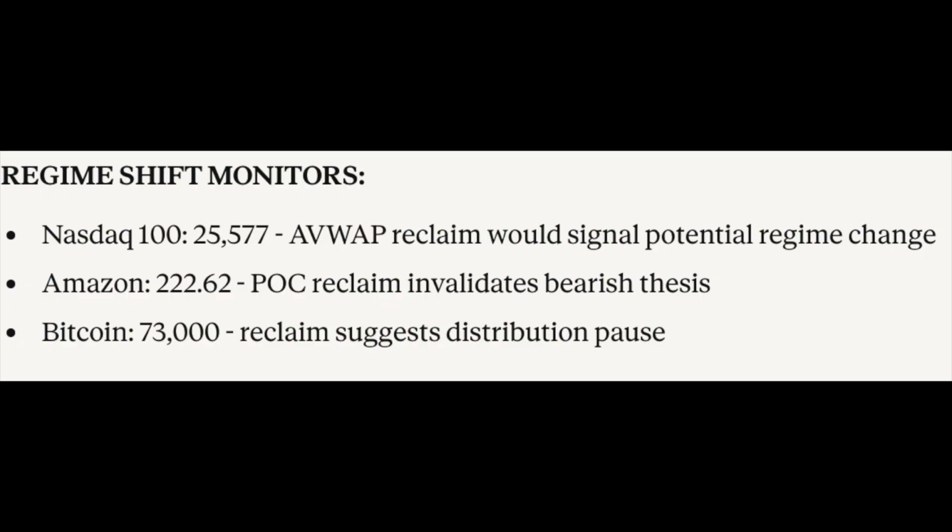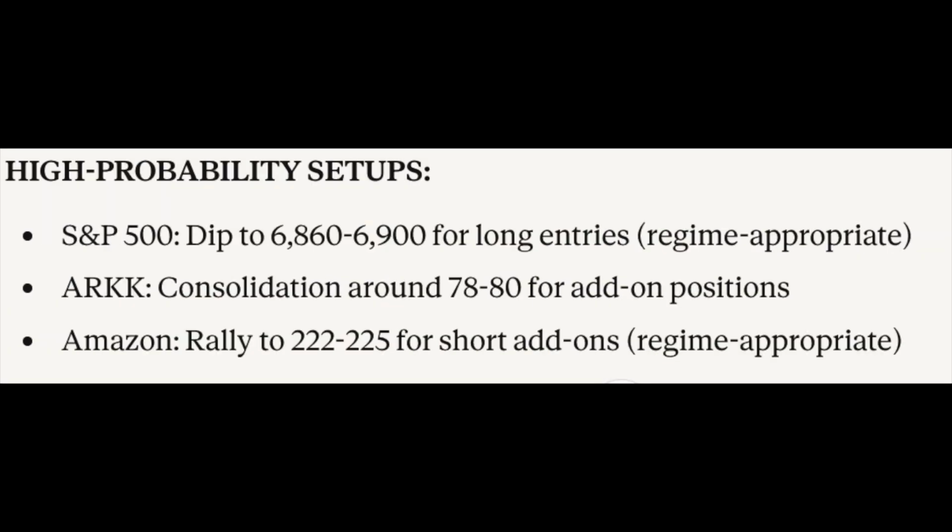Amazon, 222 POC reclaim invalidates the bearish thesis. And Bitcoin, 73,000 reclaim suggests distribution pause. So the high probability setups: S&P dip 6,860 to 6,890 for long entries, regime appropriate.